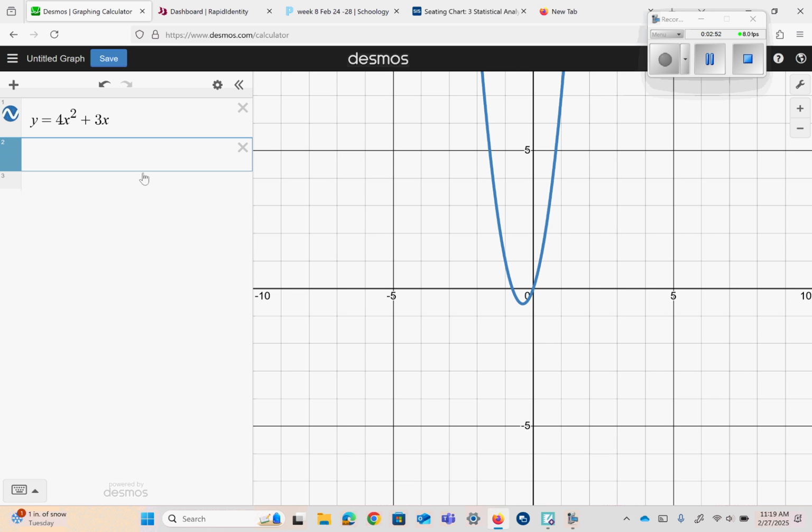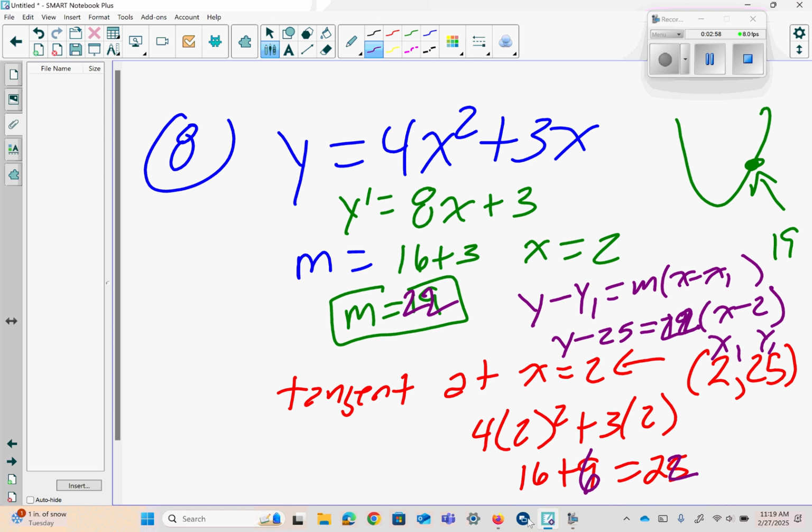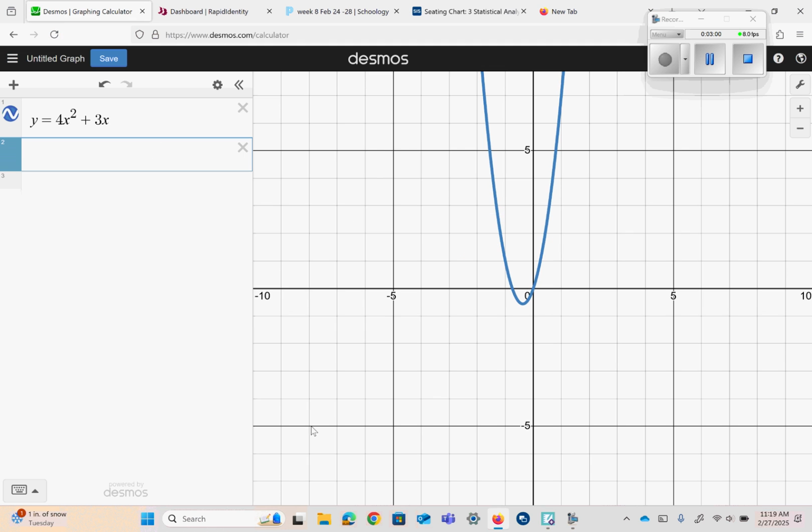And then if I were to plot the line, it was y minus 25 equals 22 is the slope, is that right? And then x minus 2.